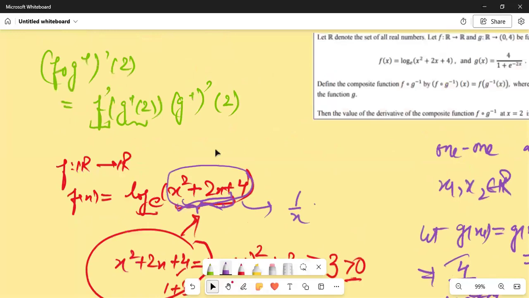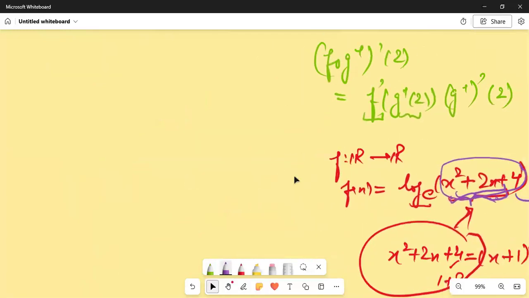Now what else do you need? You need the derivative of the function g inverse at the point 2. Now you can directly use chain rule here also. You don't need to find out the g inverse function. You can use chain rule. Okay, so since this is the inverse of g, we have g inverse g as the identity function. Now using chain rule, you have to take derivatives on both sides.